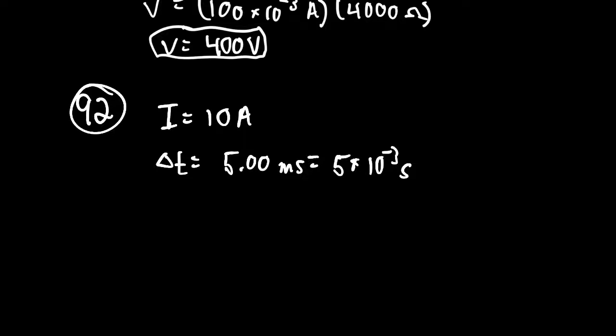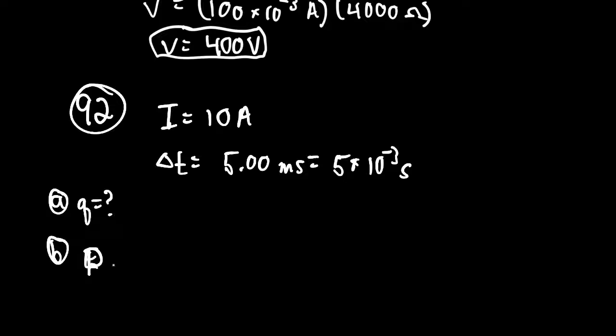So we're trying to start a person's heart up again. How much charge passed is part A. So find Q. Part B is what voltage was applied if 500 joules of energy was dissipated.